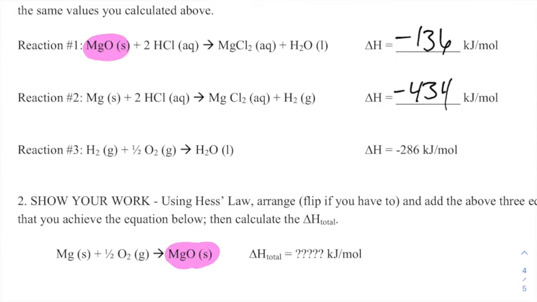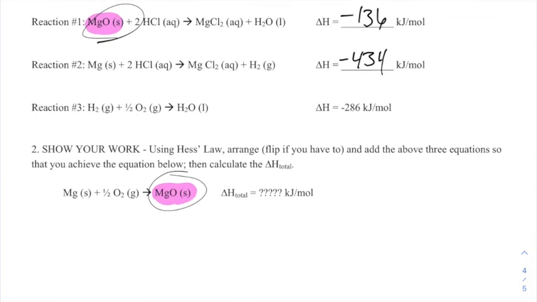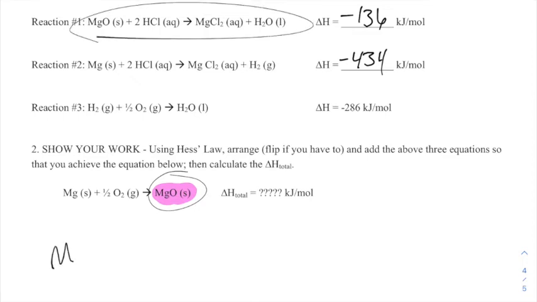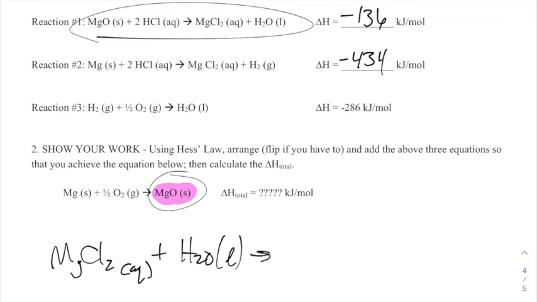So I need 1 mole of magnesium oxide on the right. Well, I've got 1 mole of magnesium oxide, but it is on the left side. So consequently, I'm going to rewrite this equation backwards. I'm going to write it as MgCl2 (aqueous) plus water (liquid), and that's going to come over here to form my magnesium oxide, which is a solid, and 2 hydrochloric acids, which are aqueous.